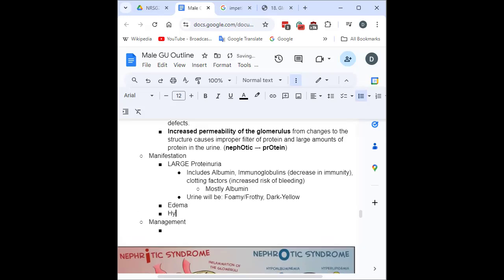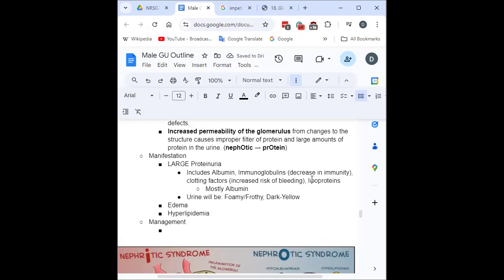Hyperlipidemia. That one might seem a little random. The rationale behind the hyperlipidemia is that some of the other stuff here is your lipoproteins, and lipo meaning fat. Yeah, exactly.